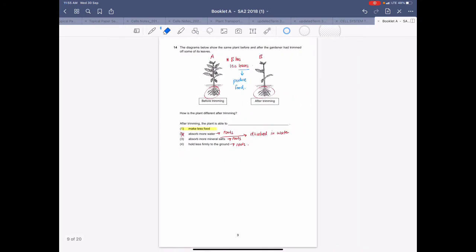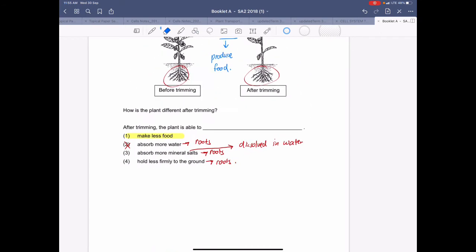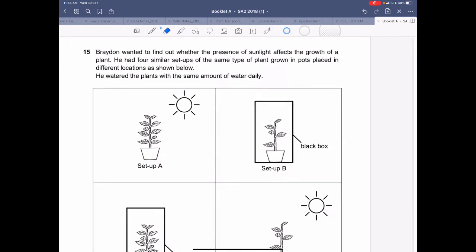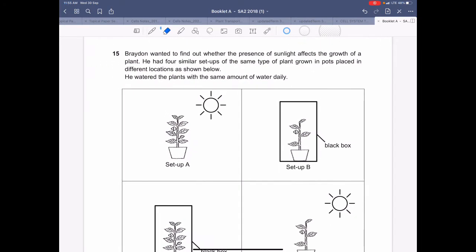Next. Moving on. Okay, this is a very common question. Braden wanted to find out whether the presence of sunlight affects the growth of a plant. He had 4 similar setups of the same type of plant, in pots placed in different locations as shown. He watered the plants with the same amount of water daily.